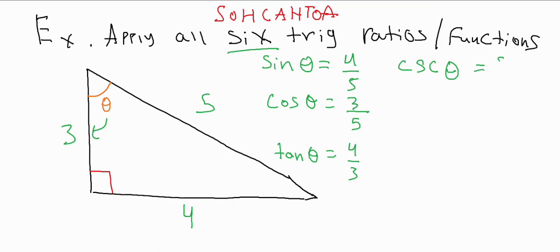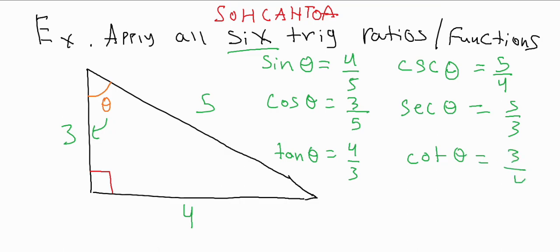That's 5 over 4, because it's hypotenuse over opposite. This is secant of theta. Just switch the numerator and denominator. We get 5 over 3. Cotangent, or cot of theta, is just 3 over 4. You see it now?